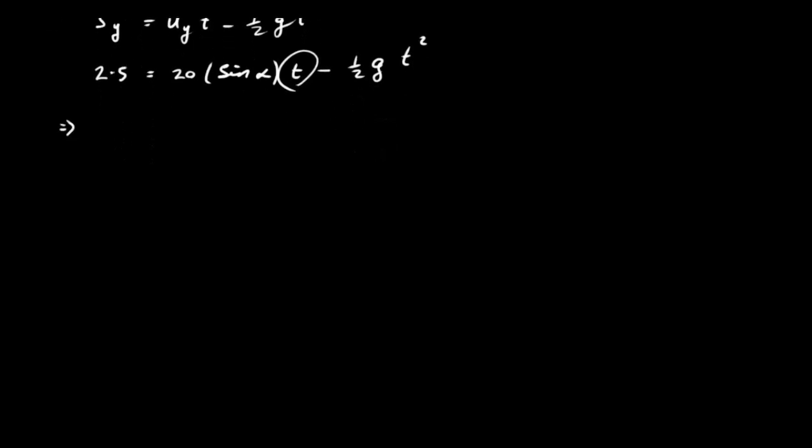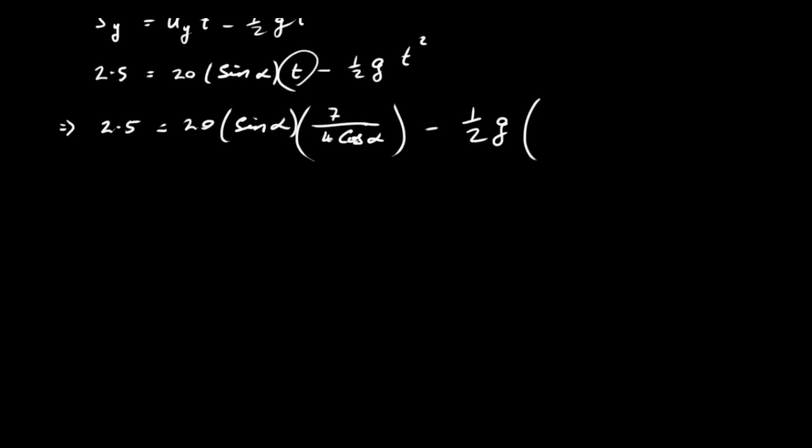So 2.5 is equal to 20 sine alpha times t, and remember t was 7 over 4 cos alpha, minus a half g t squared, which again is 7 over 4 cos alpha, and we've got to square that.